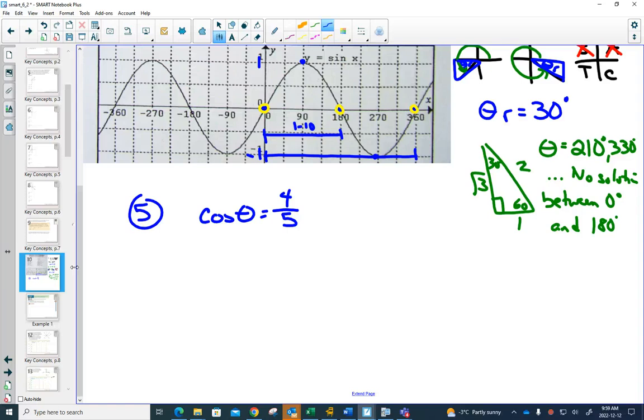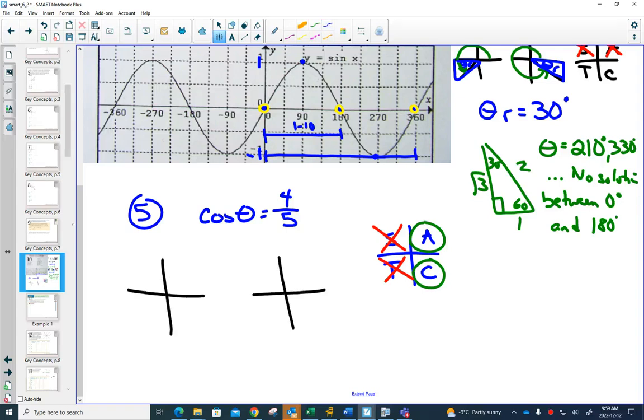First of all, you would notice that according to your CAST rule, cos is positive. That happens in quadrant 1 and 4, not in quadrant 2 and 3. So then you could go and draw an angle in quadrant 1, label your reference angle, and in quadrant 4, label your reference angle.